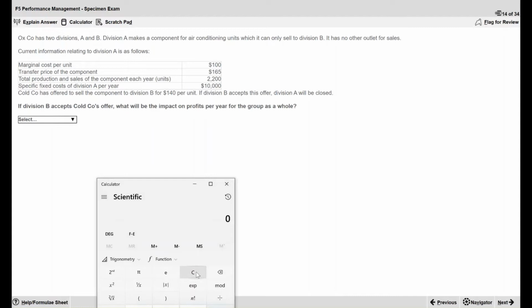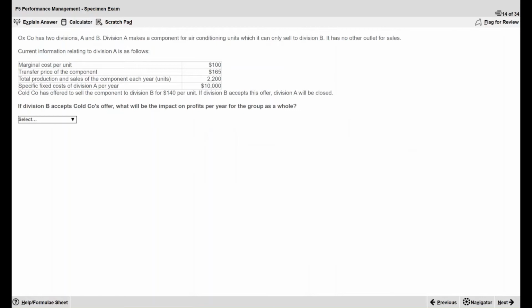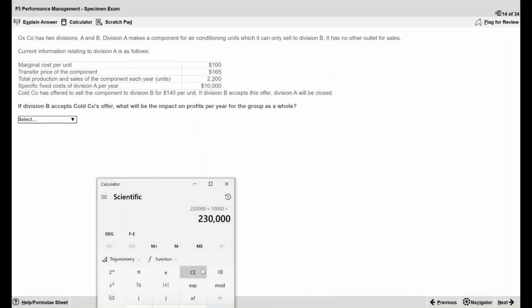Okay, we have 100 marginal cost for total 2200 units. That would be 220,000 plus 10,000 cost that is going to be saved, which means total 230,000 is the cost that we are incurring. So let's write that here so we don't forget it. 230,000, and then our external supplier is offering at 140.